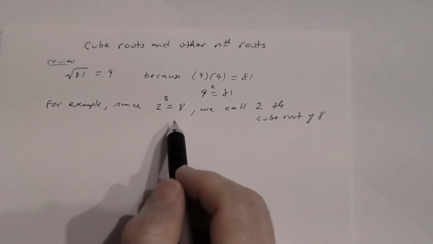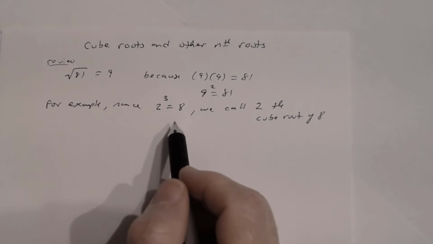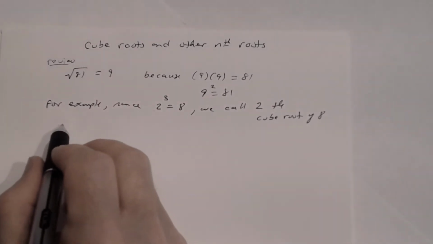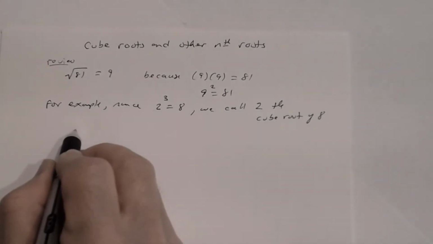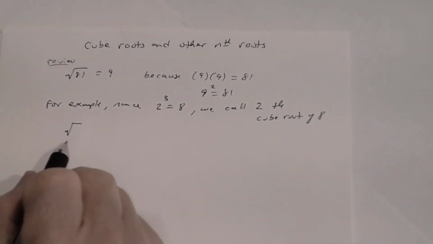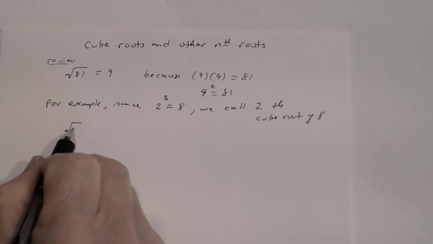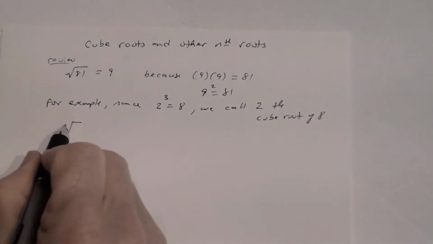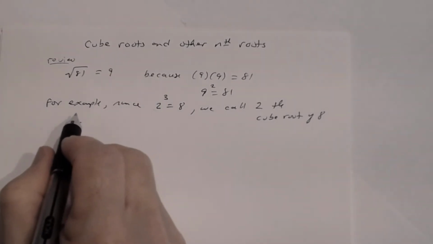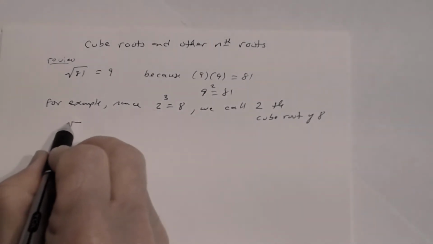Now, let's discuss how we write that radical symbol, that radical sign. So here's what we say in symbols. It's important you listen carefully to this. So we write the cube root like this. We write the radical symbol, and the cube part will be a 3. Remember, cube means 3. You can see the number 3 here, 2 cubed. But for the cube root, the 3 goes here.